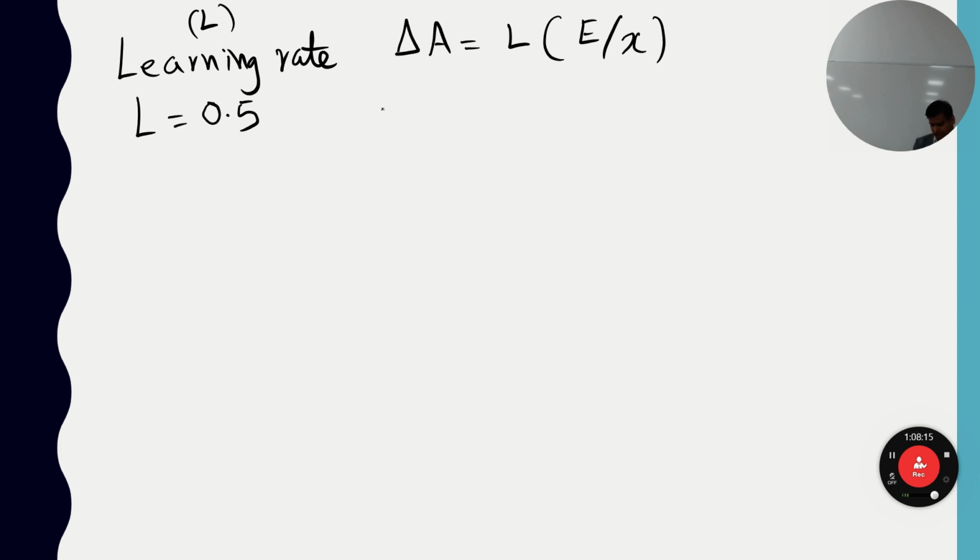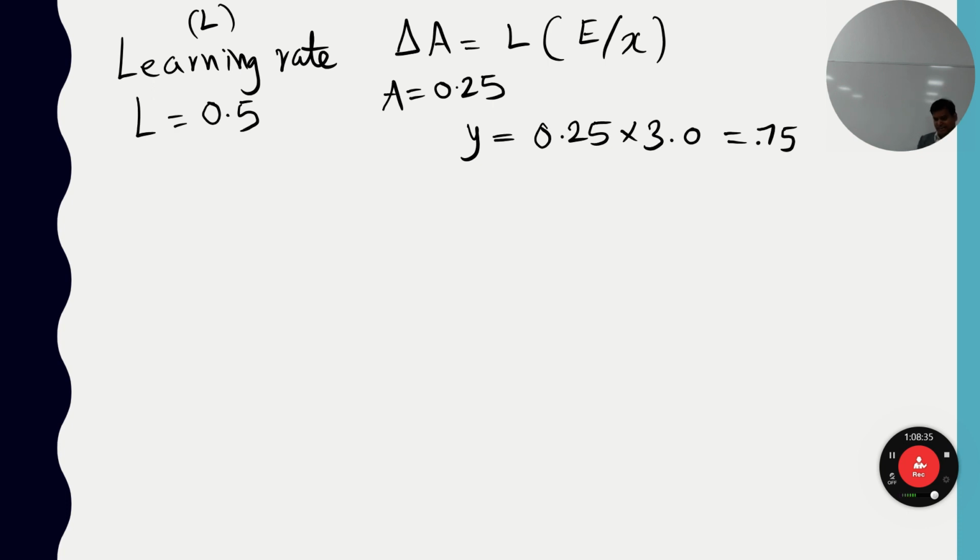We know that initially we start with A equals 0.25. So the first training example, you had Y equals 0.25 times 3.0, which is 0.75, right?